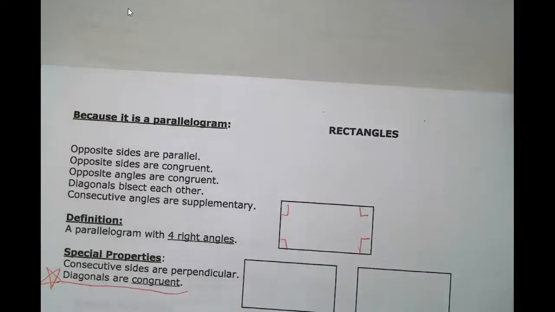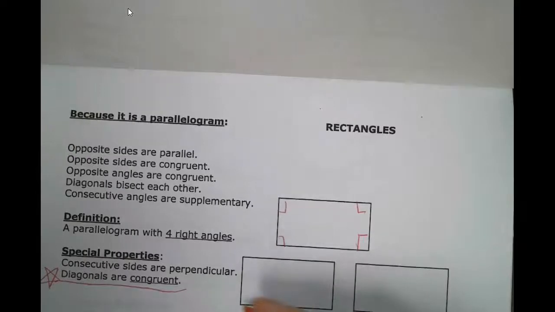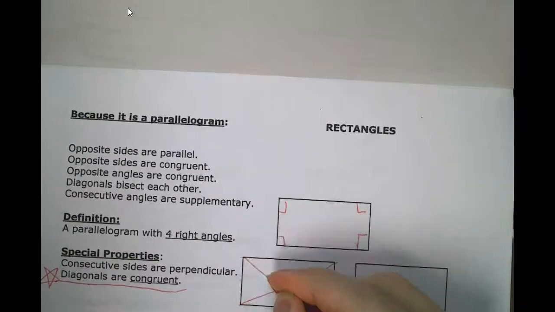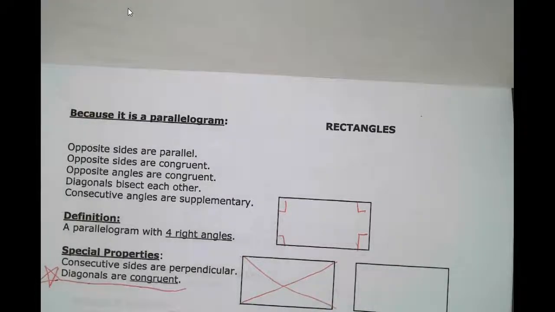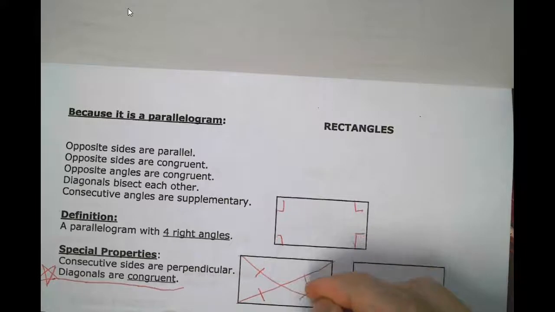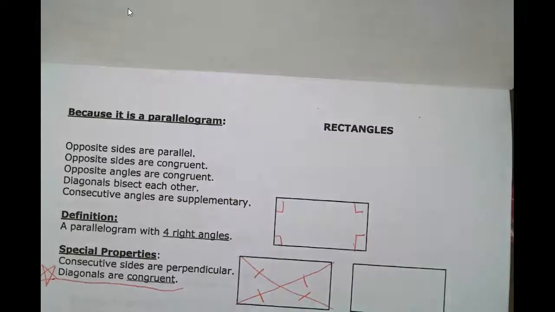That means this here is the same measurement as this here. But more importantly, this is the same as this. This is the same as this. All of those should be the same measurement.